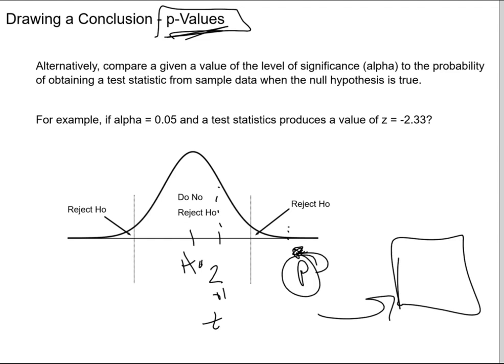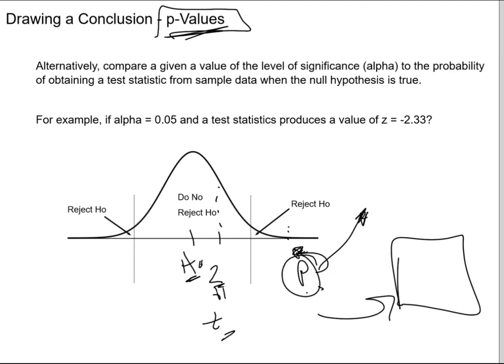Again, this p-value has a big mouthful of an explanation. The p-value is the probability of observing the z or t test statistic when the null hypothesis is true. Oftentimes, in an intro stats class, this gets referred to as the probability of the null hypothesis being correct. That's not correct. That is an incorrect interpretation.